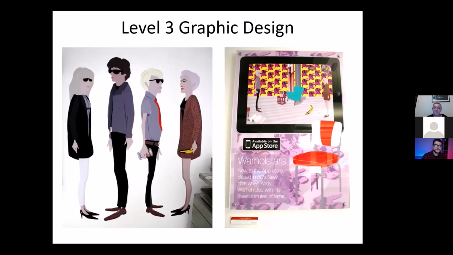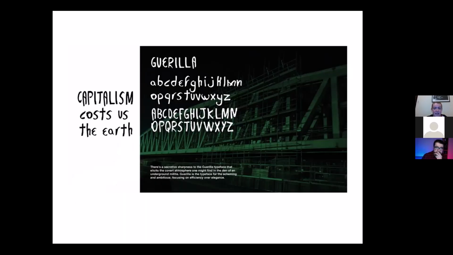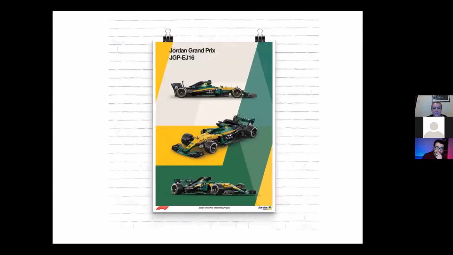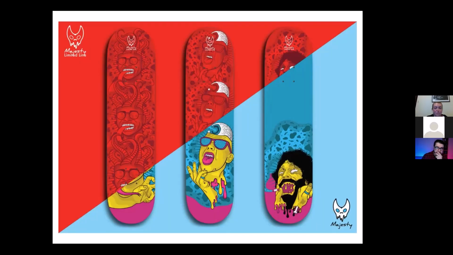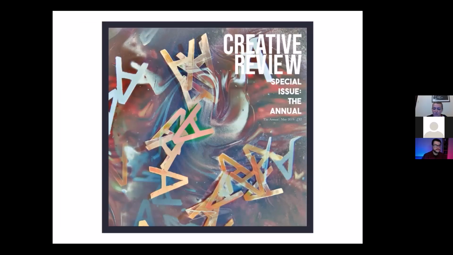Next up, we've got graphic design students. Again, they're working on industry standard Apple Macs with industry standard Adobe software. Again, a very broad range of work that students are producing.